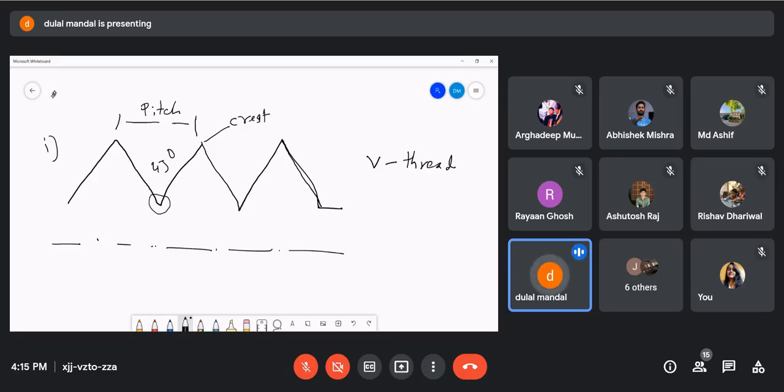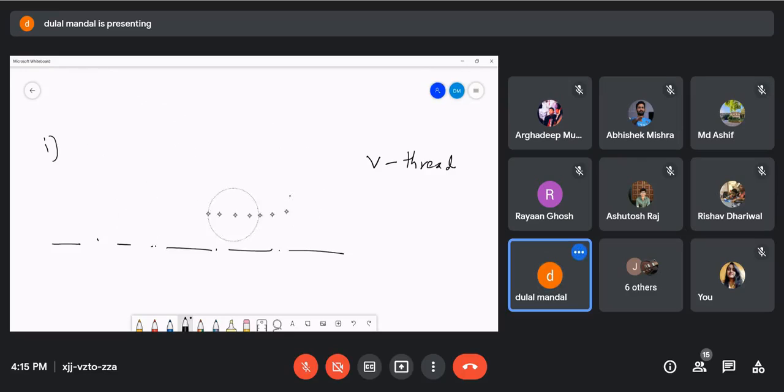Another one I'm going to draw. I'm just removing this. Square thread. A square thread means that the crest will be like a square. That means each thread will be perpendicular.